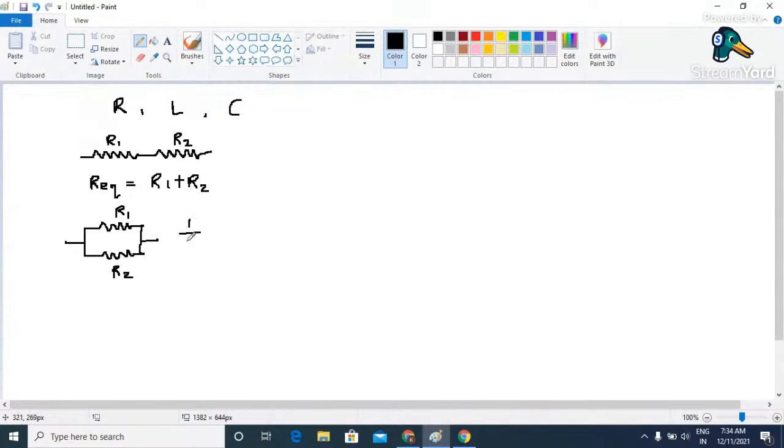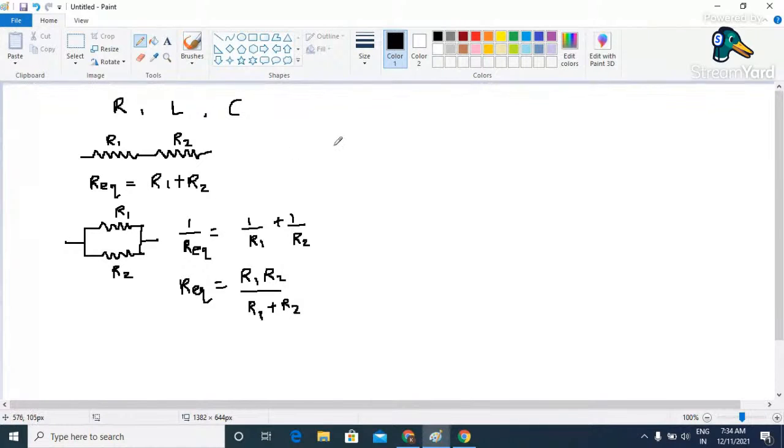So I can write 1 upon R equivalent is equal to 1 upon R1 plus 1 upon R2. And if you solve this for R equivalent, it is like product over sum. So I can write R1 into R2 divided by R1 plus R2. So this you have to remember.